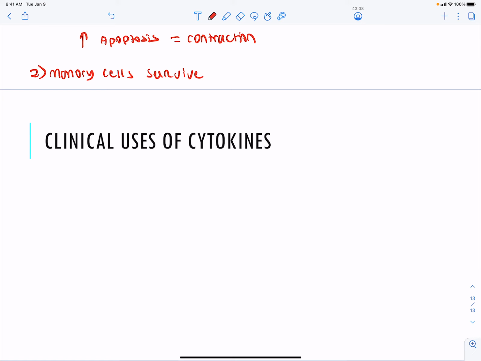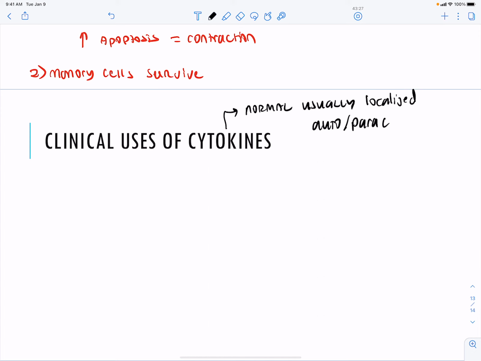Now, some clinical uses of cytokines, let's just talk briefly about them. Keep in mind, normal is usually localized. So you have autocrine and paracrine. An exception is our acute phase, and during shocks, when you have too much around.